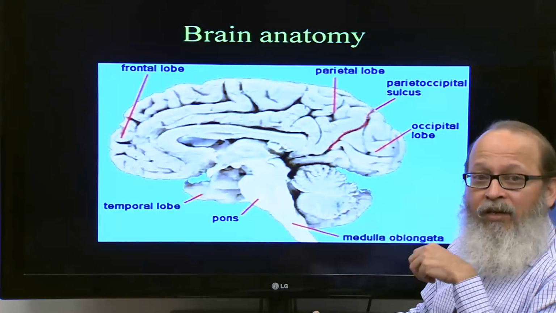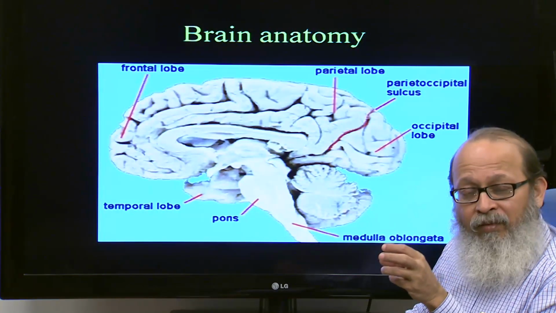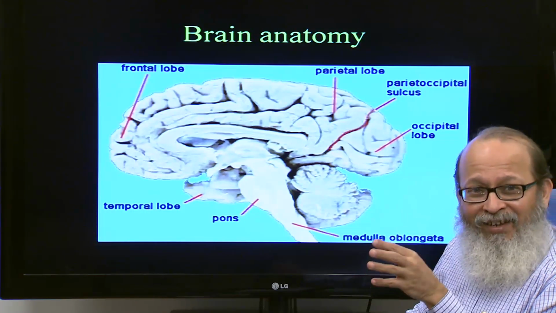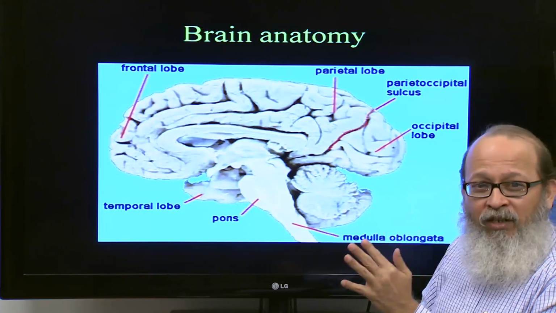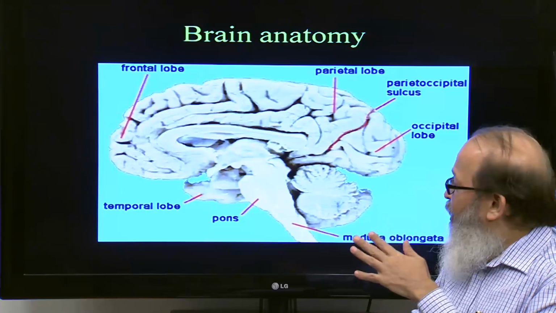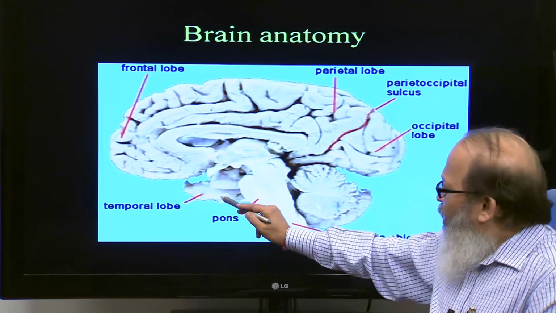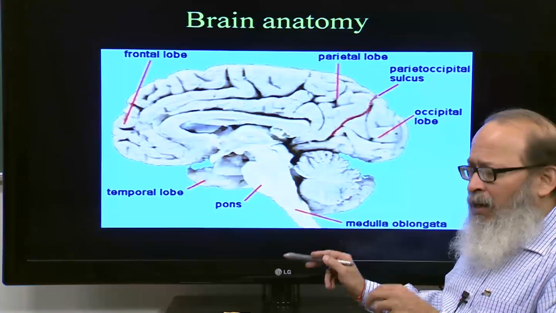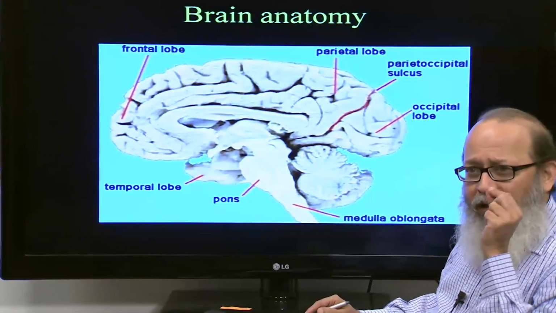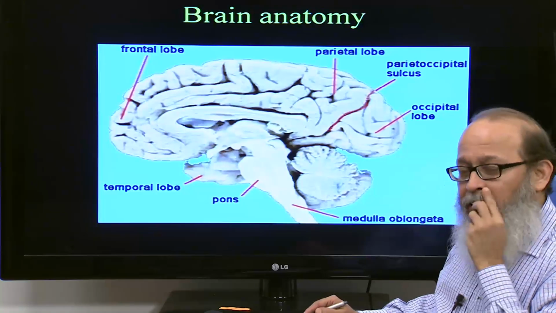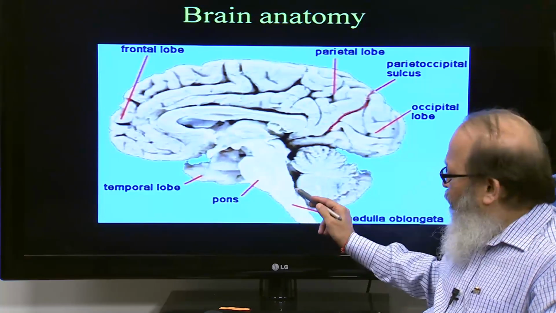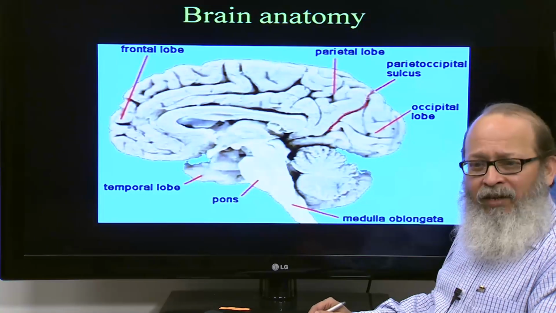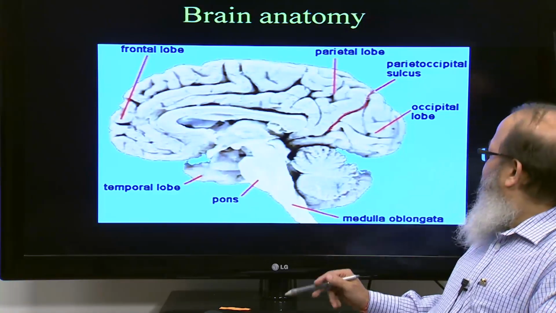Temporal lobe is one where memory, listening, receiving words, all those areas are within this temporal lobe. Pons and medulla are deeper structures where the movements of the eyeball, the eyeball muscles, the respiratory muscles, and all that involuntary control of the body is done from medulla.